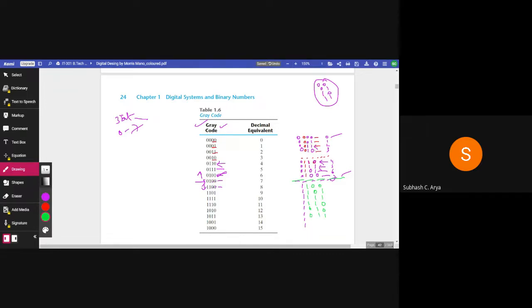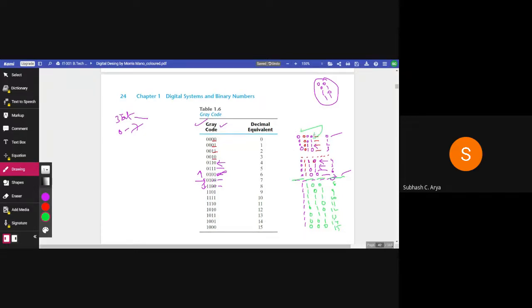Then 0, 0, 1. And lastly is 0, 0, 0. Okay. So you see this is 8, 9, 10, 11, 12, 13, 14, 15. So how to write gray codes from 0 to 15 is written here.